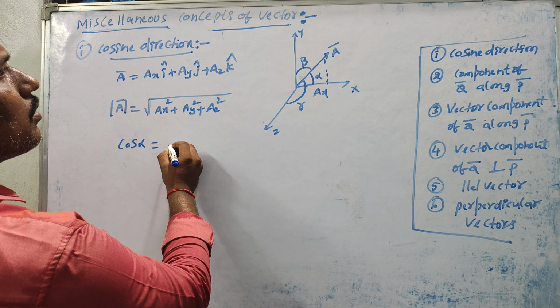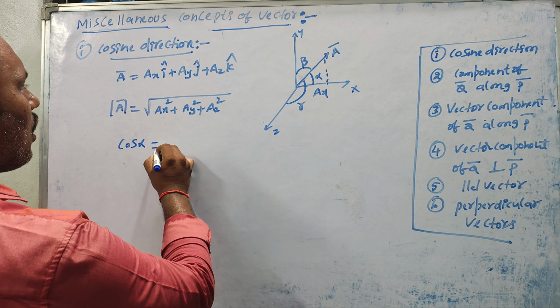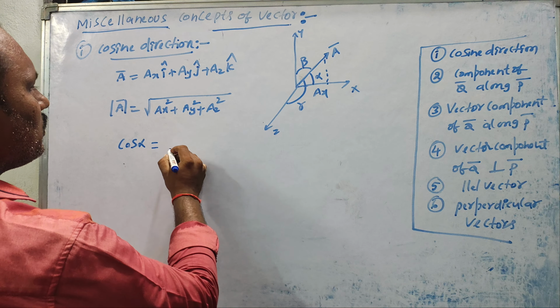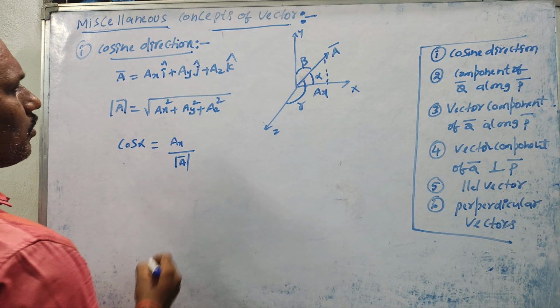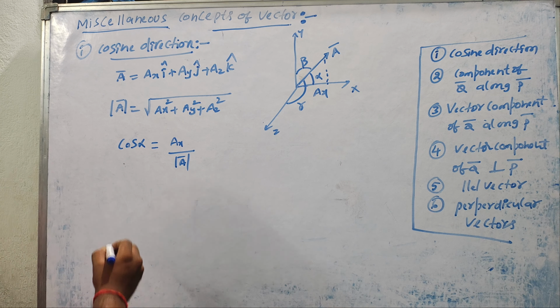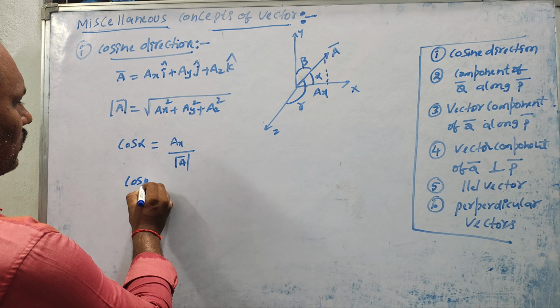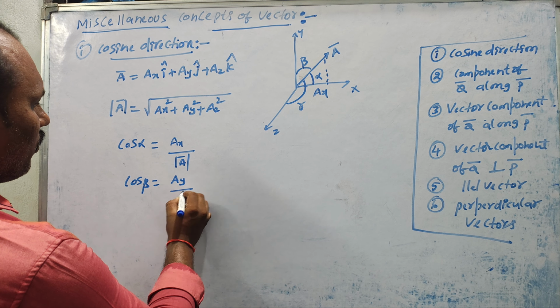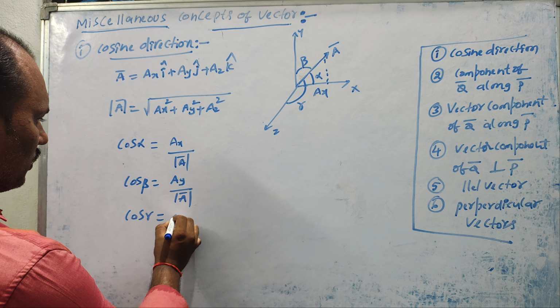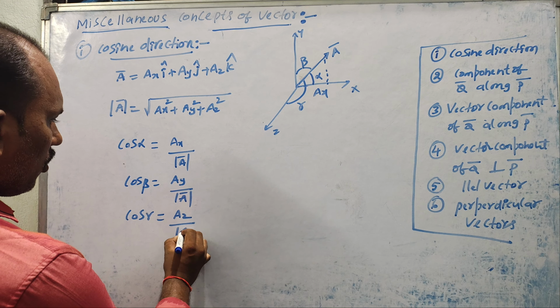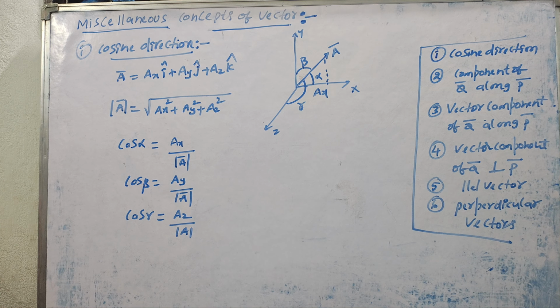So cos alpha is equal to AX by modulus of A. In a similar manner, cos beta is equal to AY by modulus of A, and cos gamma is equal to AZ by modulus of A.